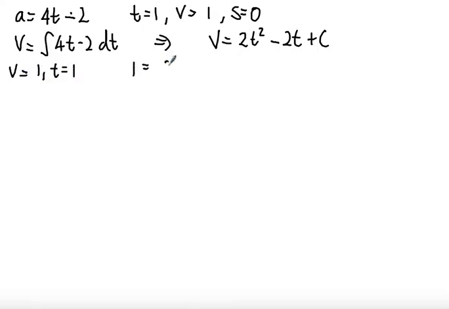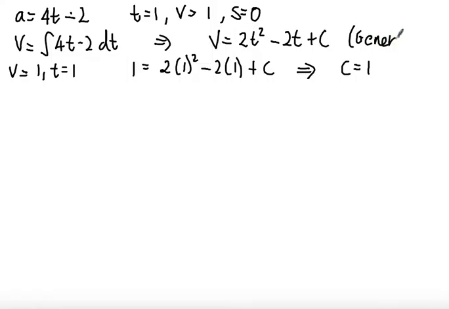So 1 is equal to 2 lots of 1 squared minus 2 lots of 1 plus c. And if you work through this, we get 2 minus 2, so c must be equal to 1. And so this was our general solution to our differential equation. Then our particular solution to our differential equation is 2t squared minus 2t plus 1.